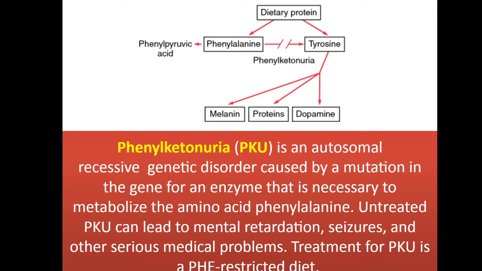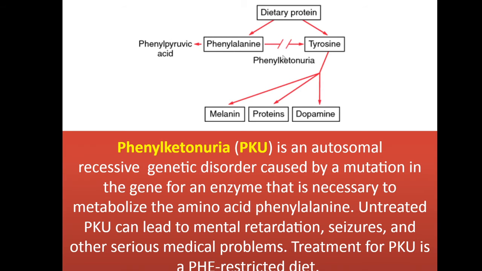So here, phenylketonuria, right? This is a genetic disorder caused by a mutation, and basically we should have an enzyme here. That enzyme should turn phenylalanine into tyrosine. But if they have the mutation, they don't make the right shaped enzyme.